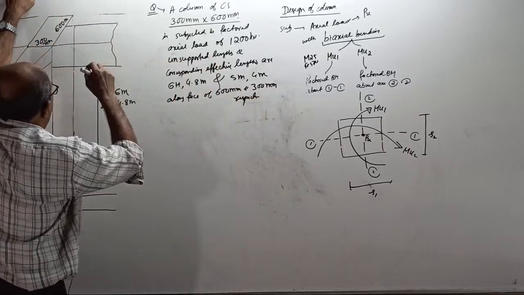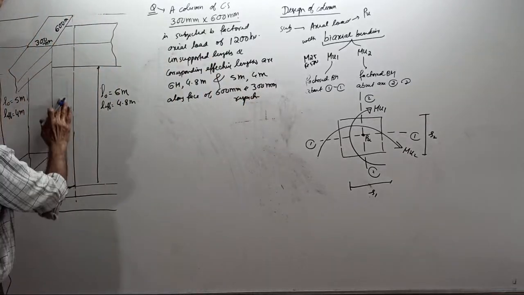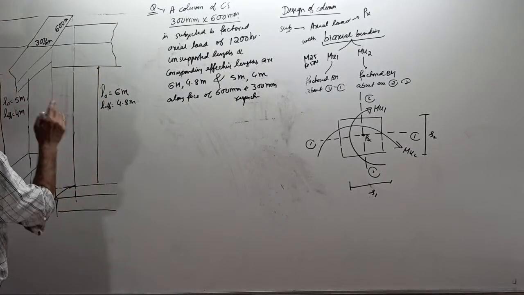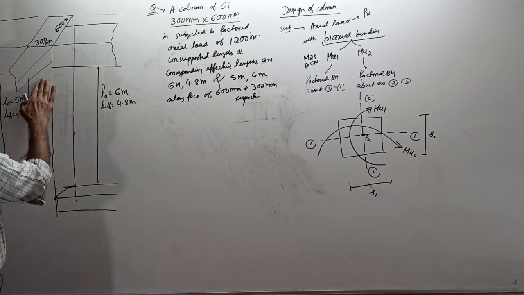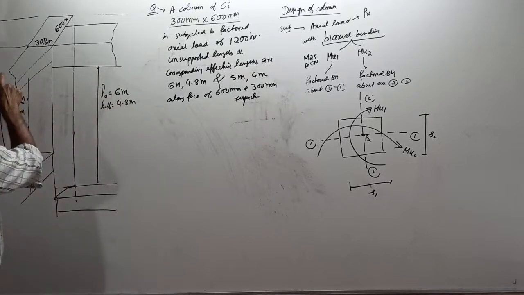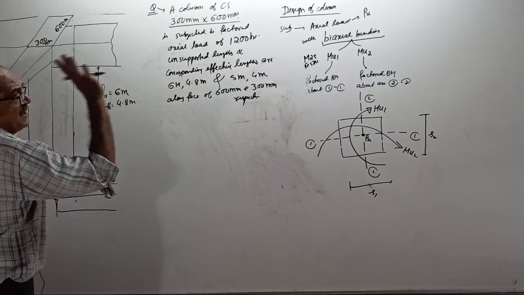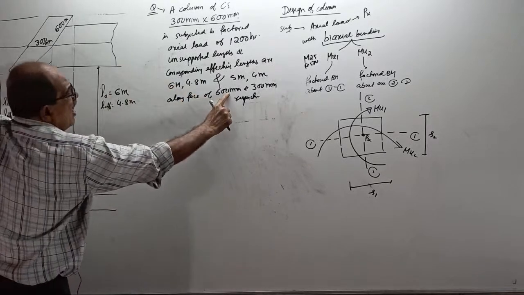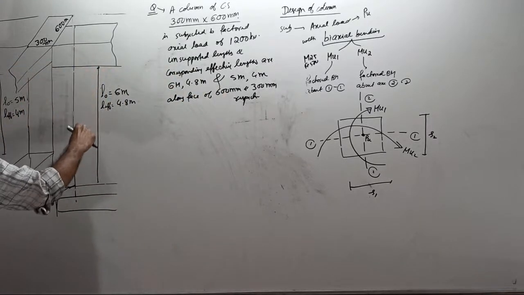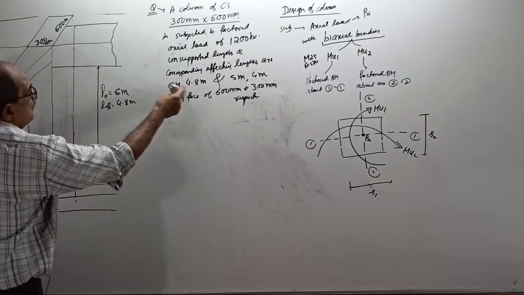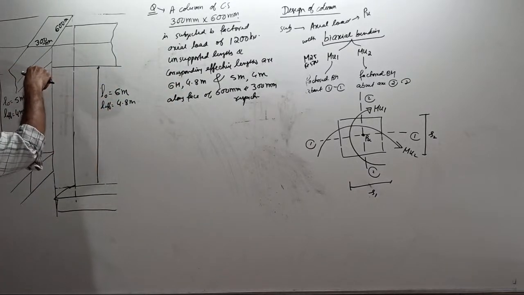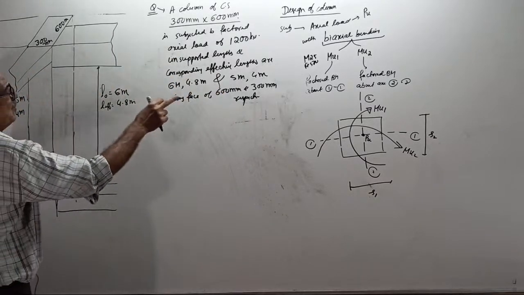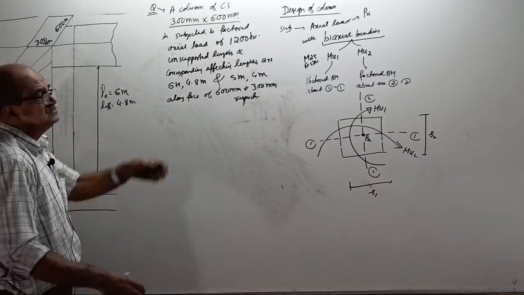Means along the face of 600, unsupported is 6 meter, effective 4.8. Along the face of 300, unsupported 5 meter, effective 4 meter. See, I have drawn the sketch here. Along 600, unsupported 6 meter, effective 4.8. Along the 300 face, unsupported length 5 meter, effective 4 meter. Over.